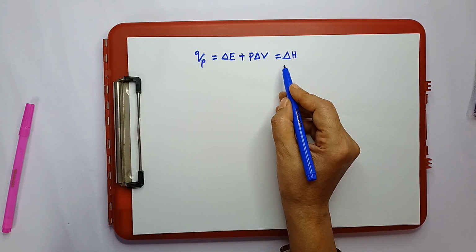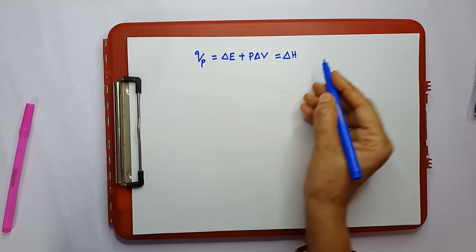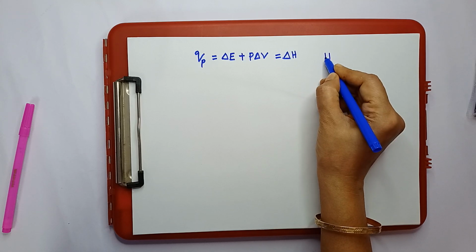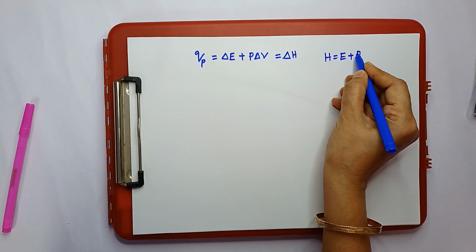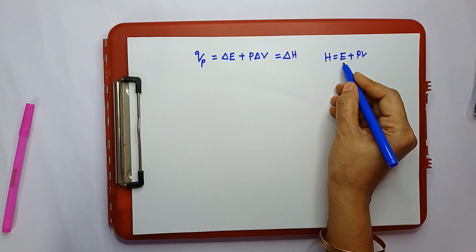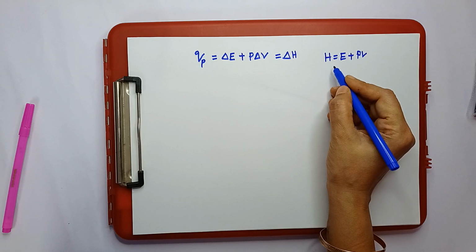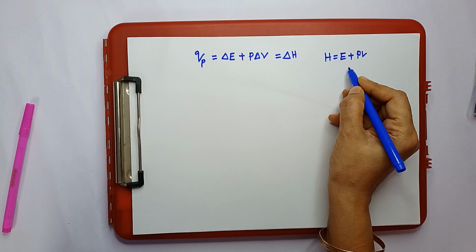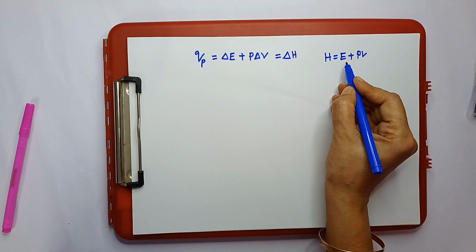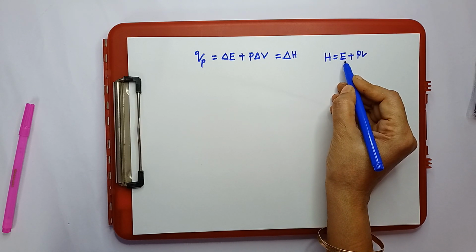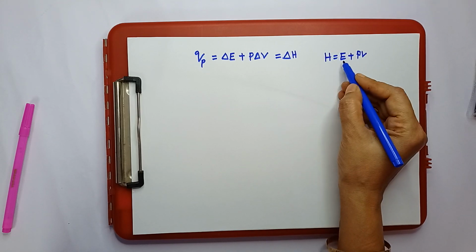Enthalpy change means change in the total energy content, and enthalpy H is equal to E plus PV. E is the internal energy, the inherent energy of the system, the energy which depends on the chemical nature of the system, and that indicates the thermal energy.